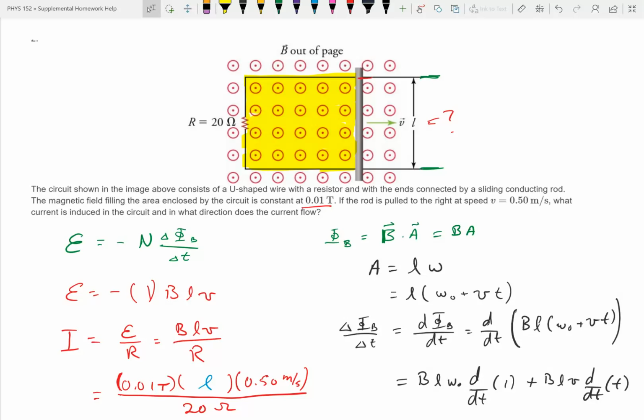What direction is the magnetic field pointing? In this picture, what direction is it pointing? Out of the page. Okay, so what direction is opposite to out of the page? Into the page. Okay, so if I'm going to have a current that makes a magnetic field that goes into the page in the middle of the loop, what direction does the current have to flow in that loop?